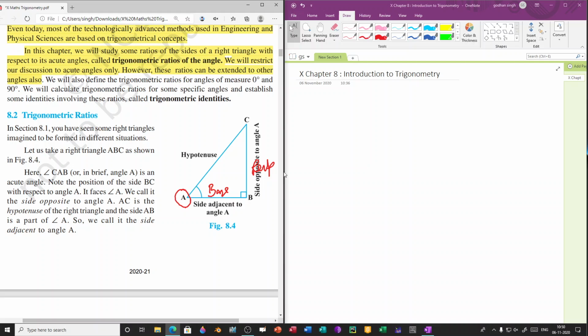Same way it will change here. Let me draw another figure. Suppose we have another triangle here, the triangle is the same, but I am taking another angle, say this C, this B, and this A. This is a right angle triangle, and suppose we are considering angle C this time, not angle A. Then obviously opposite to 90° will be the hypotenuse.